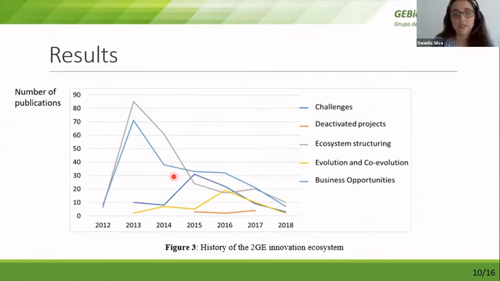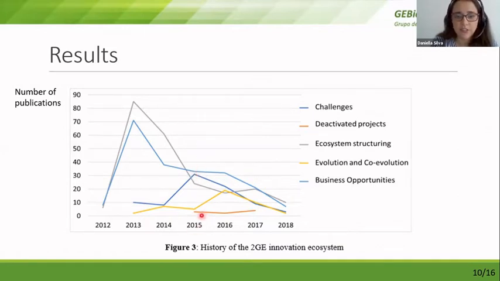Here we have the first result, where we have the history of this second generation ethanol innovation ecosystem. We can see that between 2012 and 2013, we have a lot of publications and information about the business opportunities, the ethanol opportunities, and also information about ecosystem structuring, like partnerships and agreements. In 2014, we started to see publications about the challenges that the companies have faced.